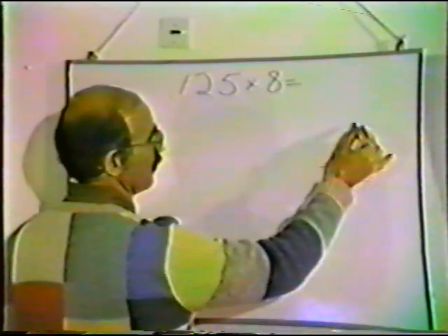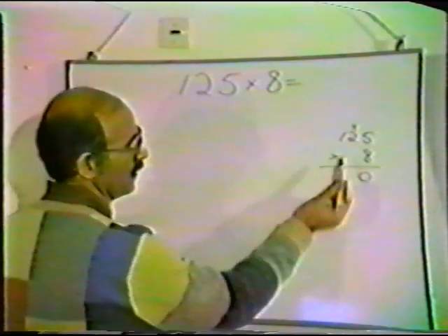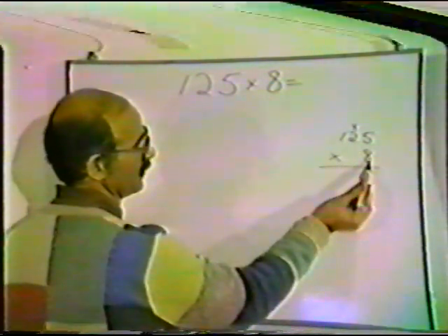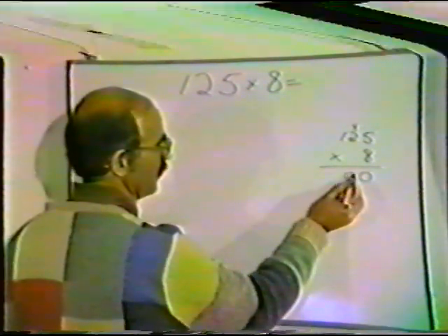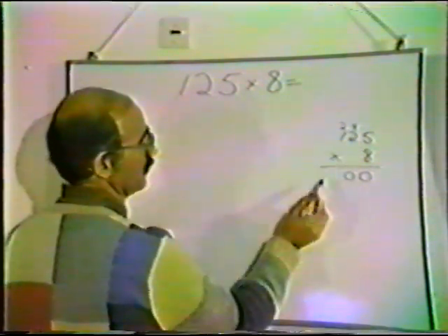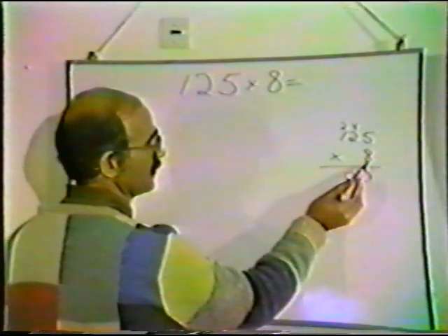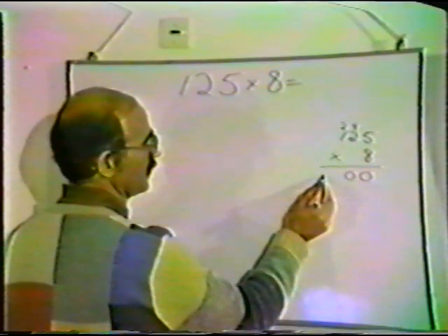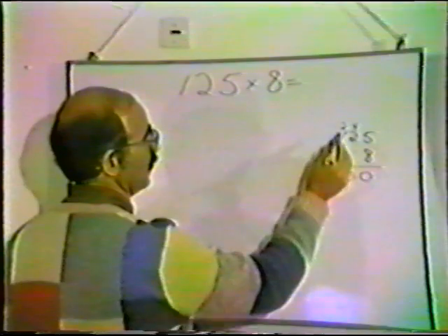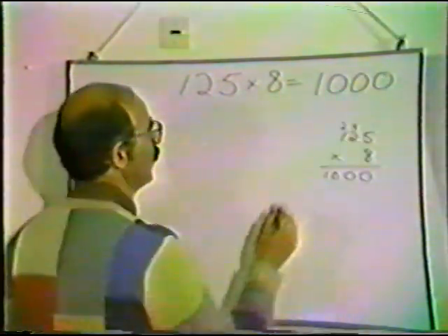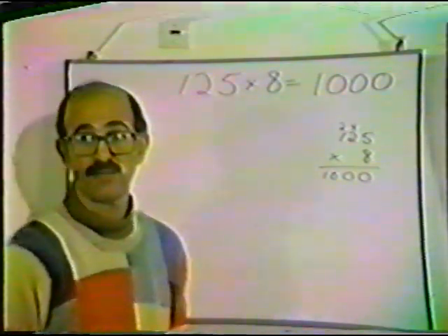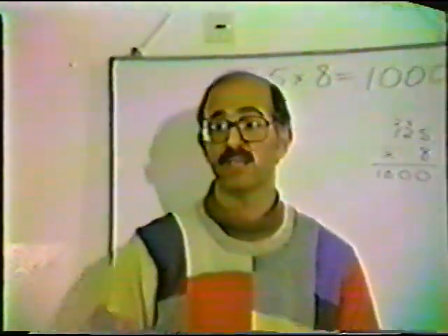Put down the 0. Carry the 4. 2 times 8 is? 16. Plus 4, 20. Put down the 0. Carry the 2. 1 times 8 is? 8. Plus 2 is? 10. It equals 1,000.